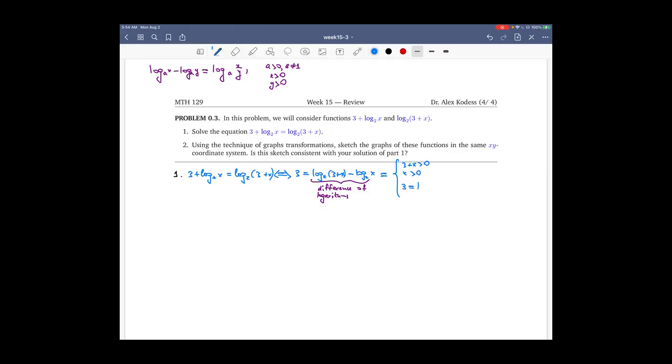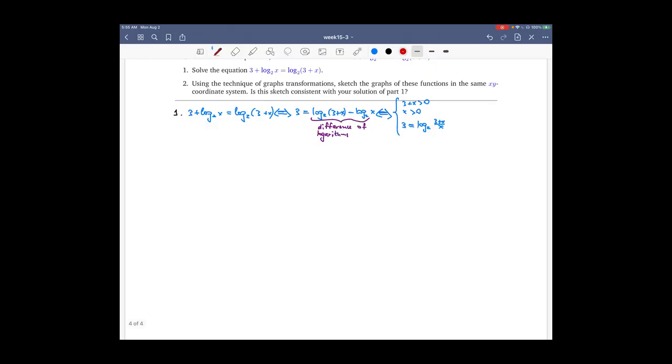3 equals log base 2 of 3 plus x over x. Again, it's very important that you don't forget these two things, because if you do forget them, you in general don't get an equivalent equation. Here, both 3 plus x and x are allowed to be negative.